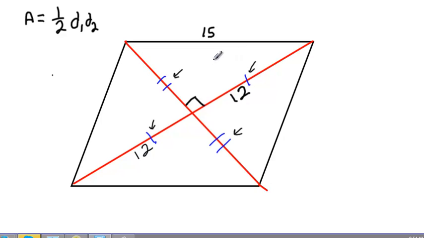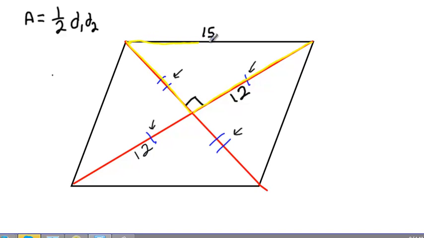But what we do have is this triangle, right? And what do we know about that triangle?